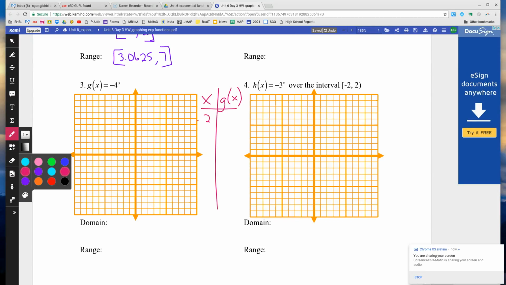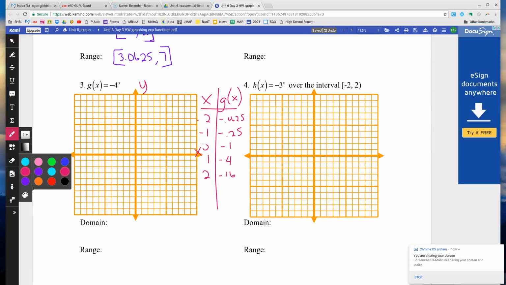So I'm going to start with -2, and -2 is -0.0625, -1 is -0.25, 0 is -1, 1 is -4, and 2 is all the way down at -16, which I'm not going to get on my graph. I'm not going to change my scale here, but I'm just going to plot my points there.